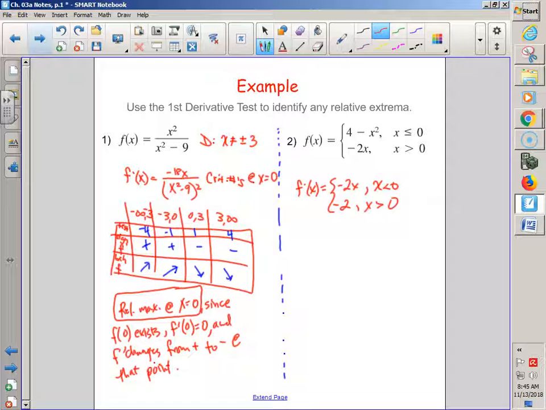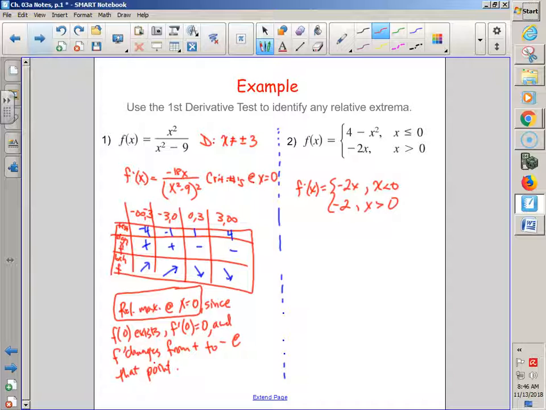Did you see what I was analyzing off to the side? I said, hey, for things to be continuous and piecewise, I need the two sides to match. So I checked the derivative from above and I checked the derivative from below. I said, are they equal? And no. So therefore, there is no derivative at 0. The derivative does not exist at 0.